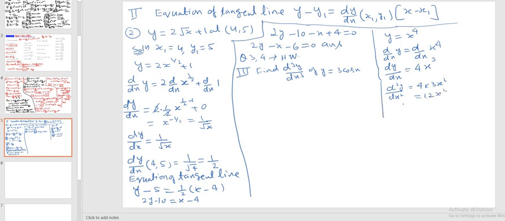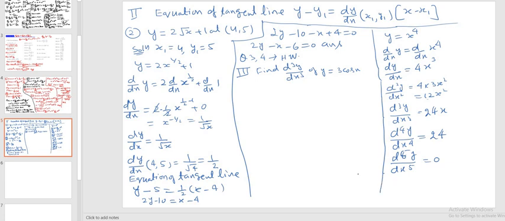If you differentiate again, it is the third derivative, d3y/dx cubed: 24 x. If you differentiate again, it is the fourth derivative, which is 24. If you differentiate again, this is the fifth derivative, d5y/dx5, equal to 0. This is called the higher order derivative.